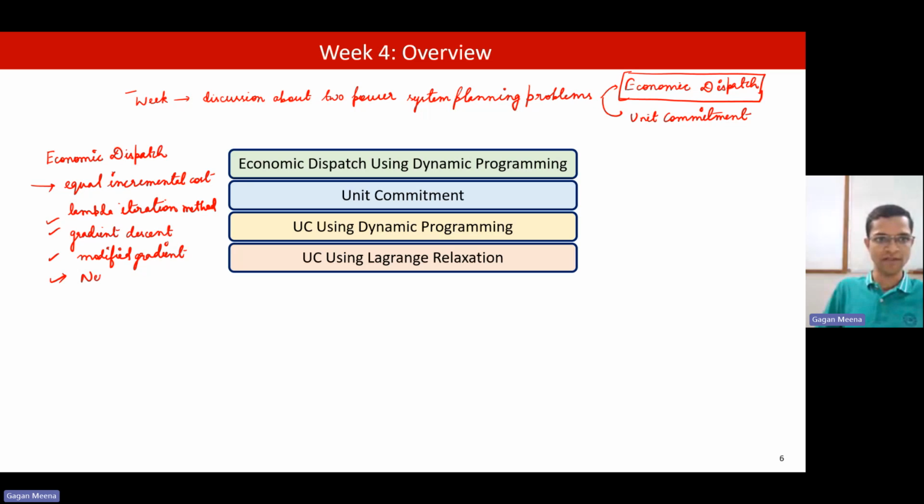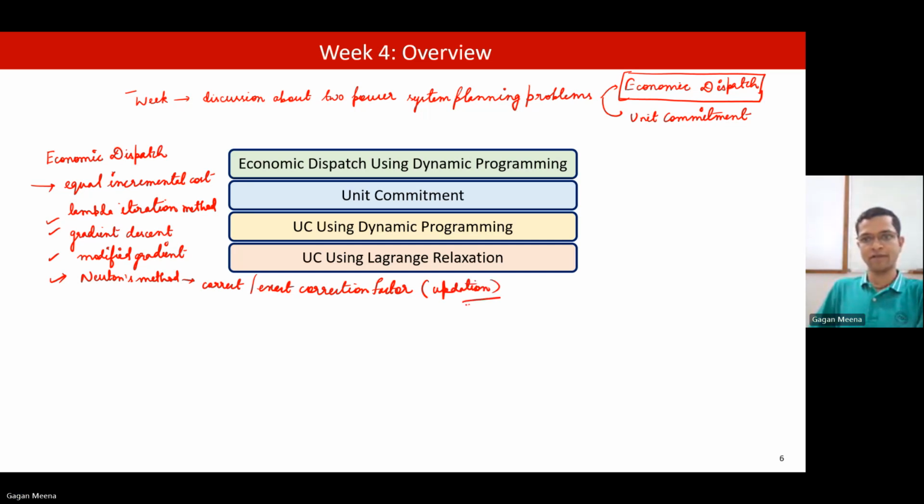Then we saw Newton's method, where we got the exact correction factor, or the step size, for updating the variables, using the Hessian matrix. We did all that.